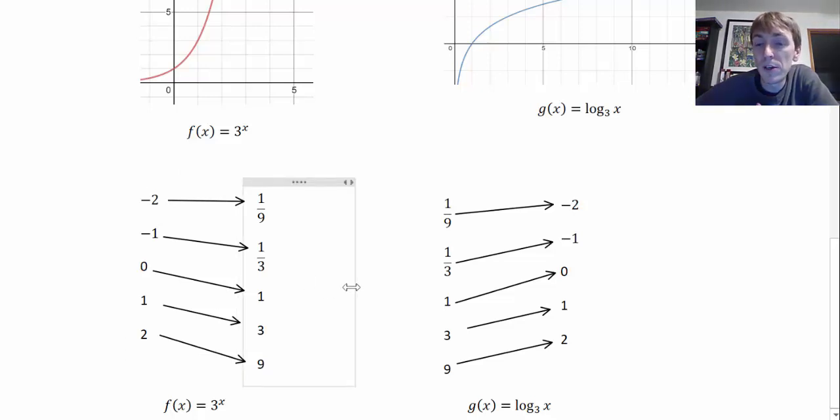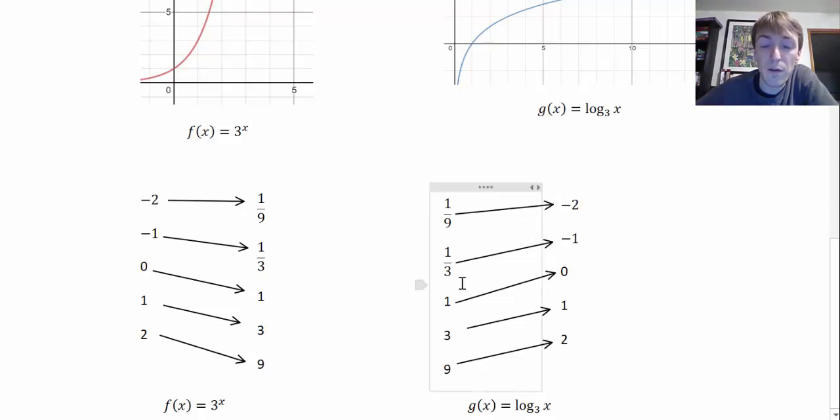So what we do when we take the inverse to get the log function is we're switching those inputs and outputs. So what was the output before is becoming the input. Now when I plug in 1/9 into the log base 3 function, then I get out -2. Okay.